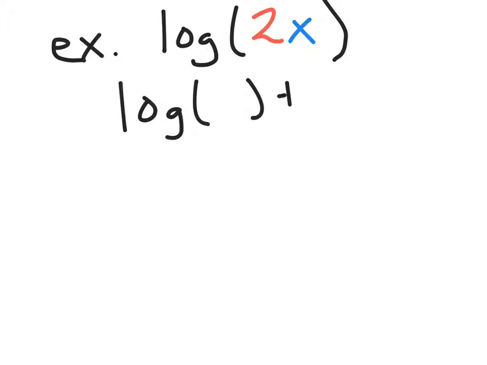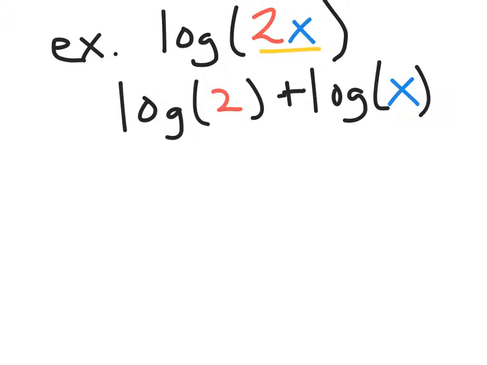The sum that I would write would be the log of 2 plus the log of x. And you'll notice these values on the inside were broken up as the log of 2 plus the log of x. We can go both directions. We can be asked to expand, which means that we go in that direction, which makes it larger or longer, if you will. And if I go the other direction, that would be considered a simplify.